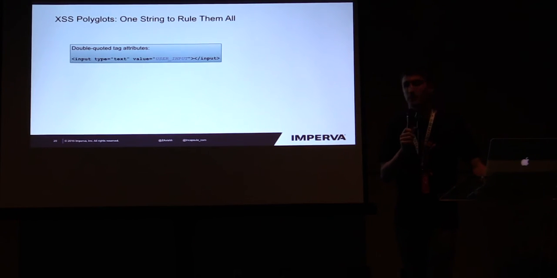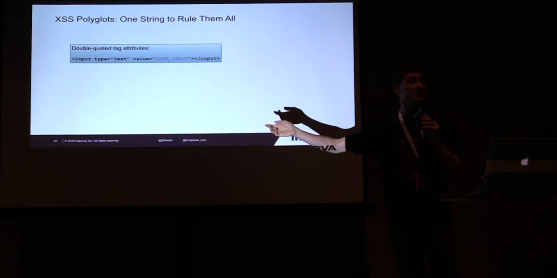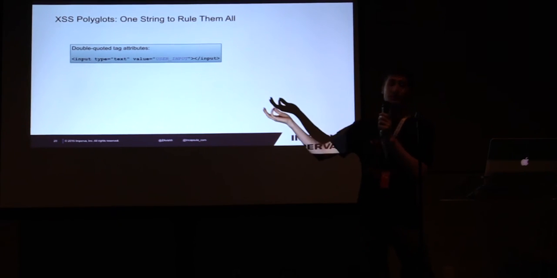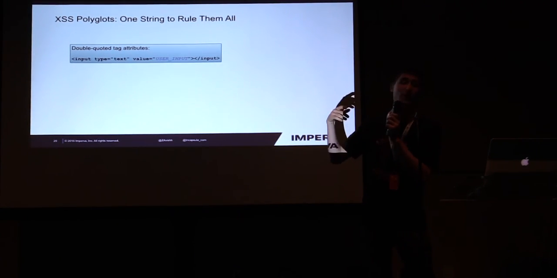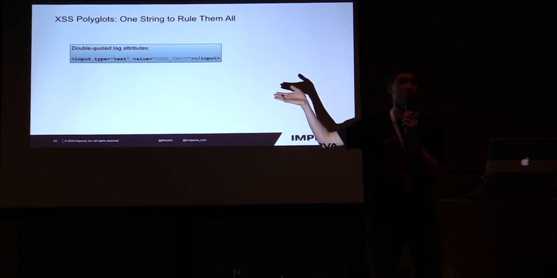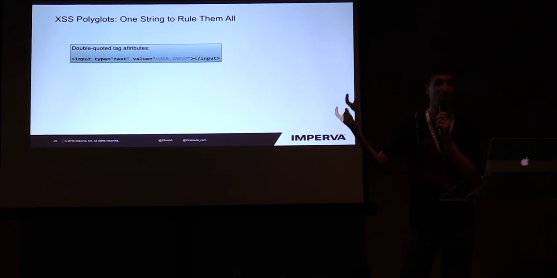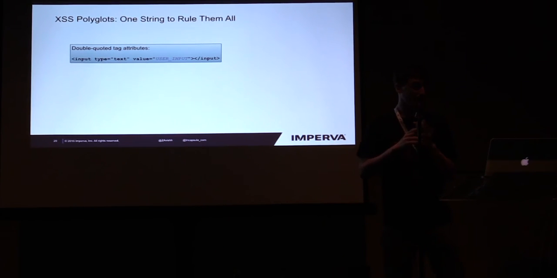Okay, so let's take the polyglot that was in the previous slide and insert it here. Let's assume that we have some input field. So we have this input field in which you enter your text and your value is reflected in the violet part.